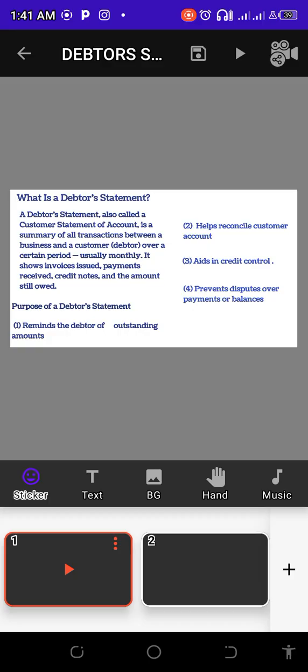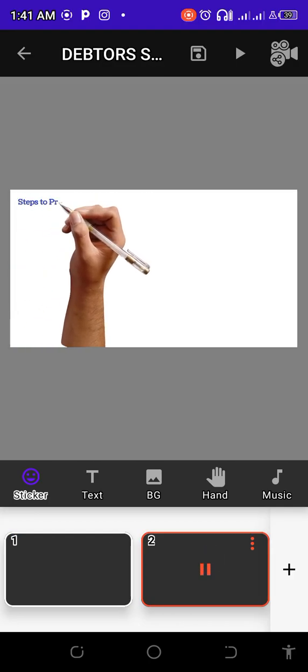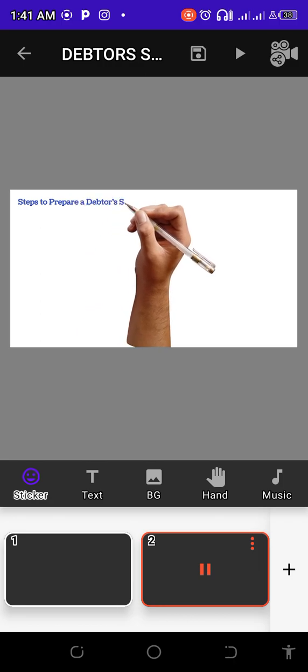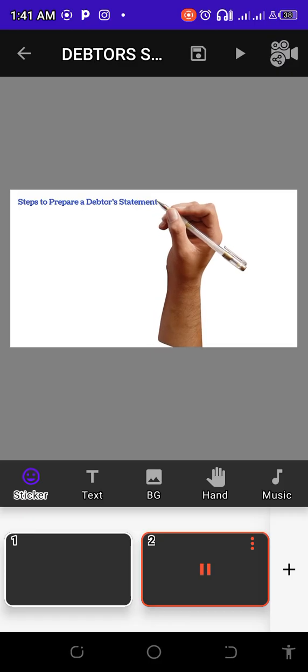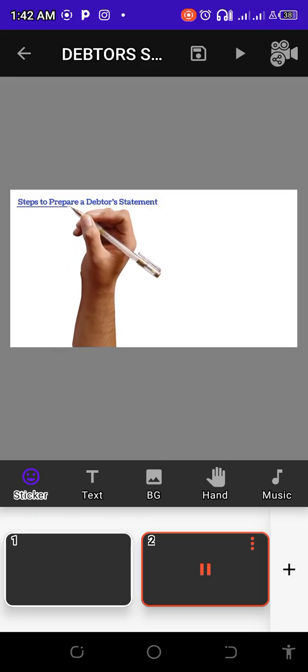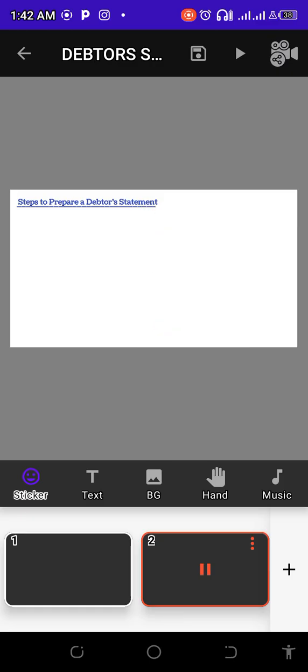Now let us take a look, step by step, at how to prepare the Debtor's Statement of Accounts. The first thing you do is to list all the invoices issued to the customer.